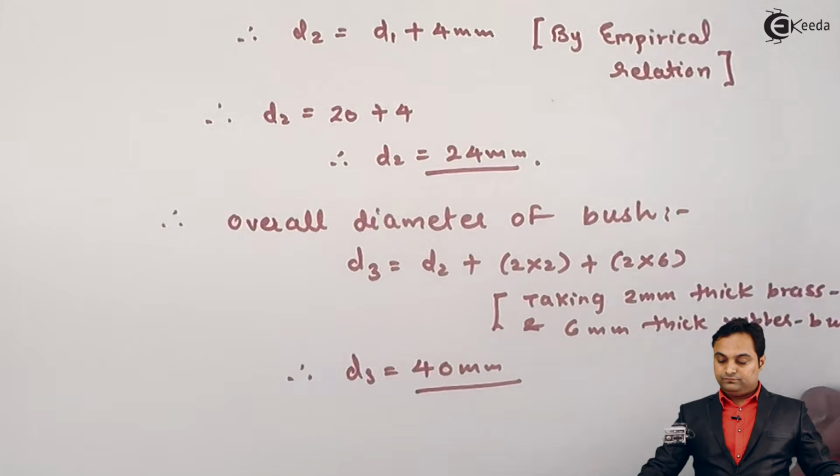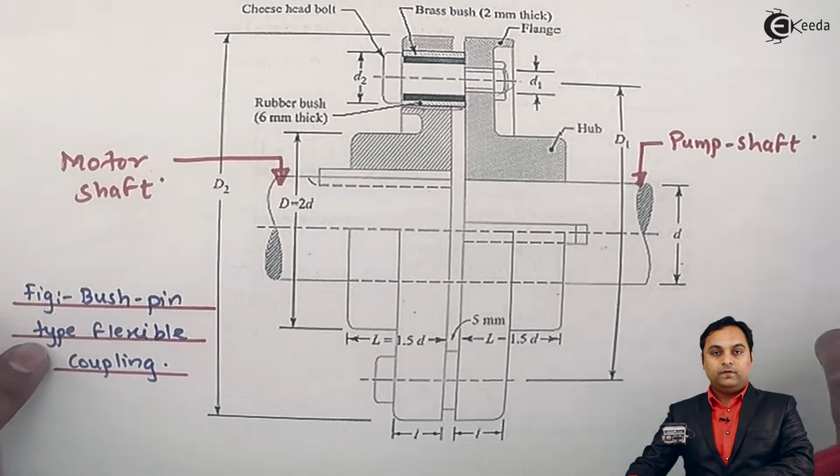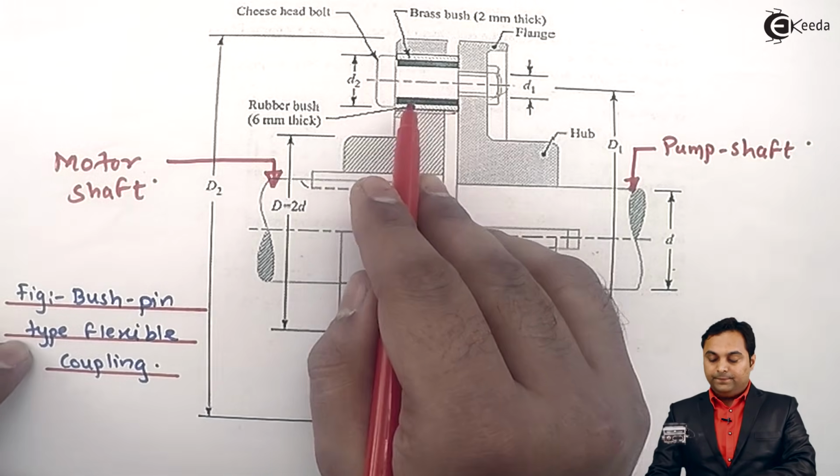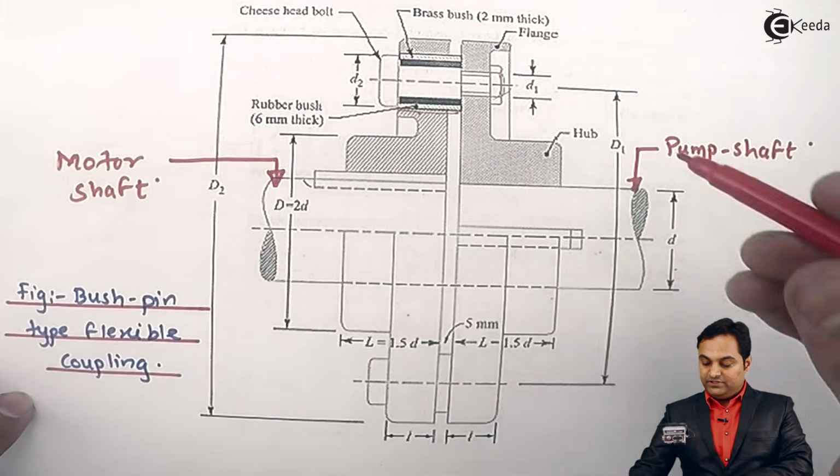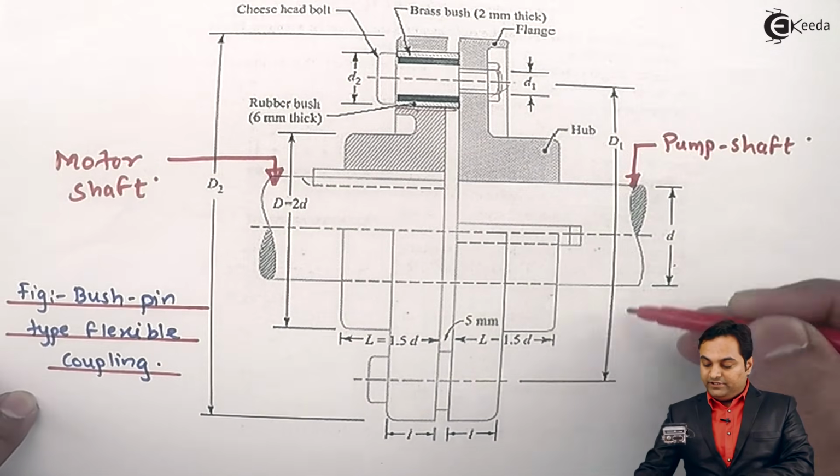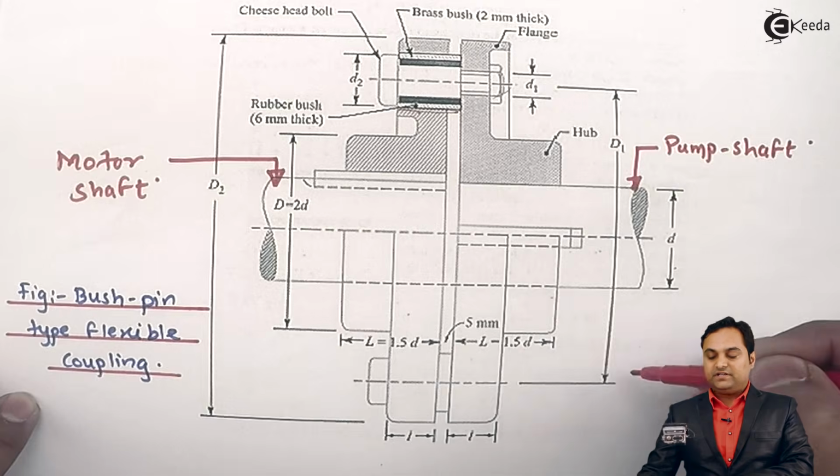Now once we have designed this pin, the next step is we can get this diameter, which is called the pitch circle diameter.